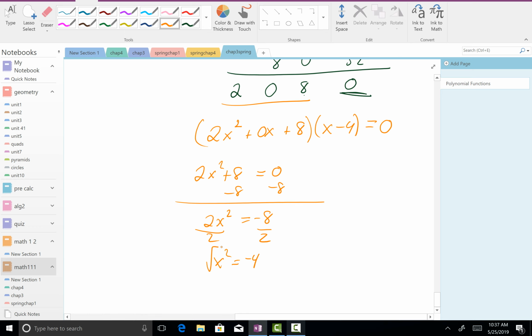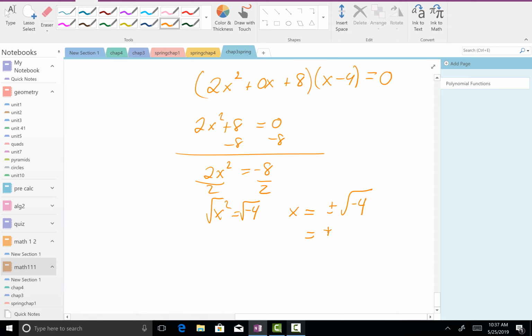You can in the imaginary system. So the other two solutions are imaginary. So we graphed it. We found a nice number. Used synthetic division to put it in reduced form. Now we took that reduced part of it, set it equal to 0, and solved it. And now here's my other two answers.